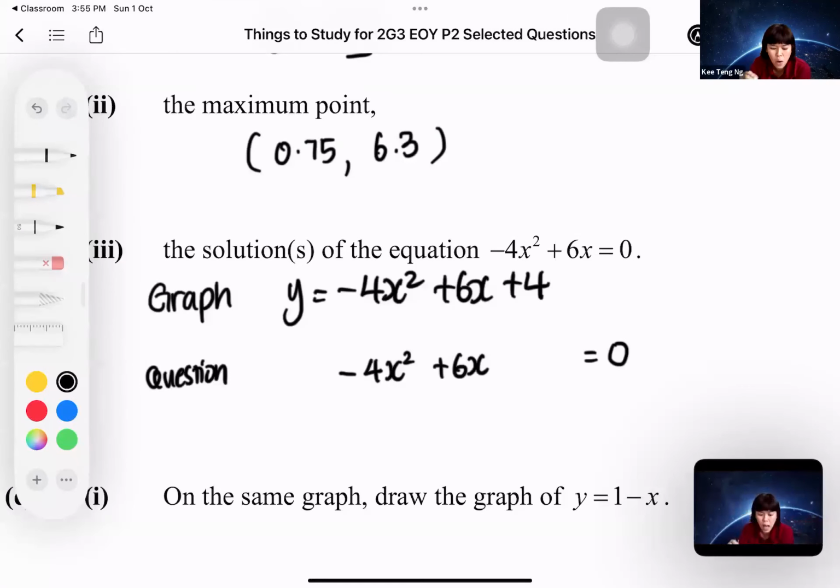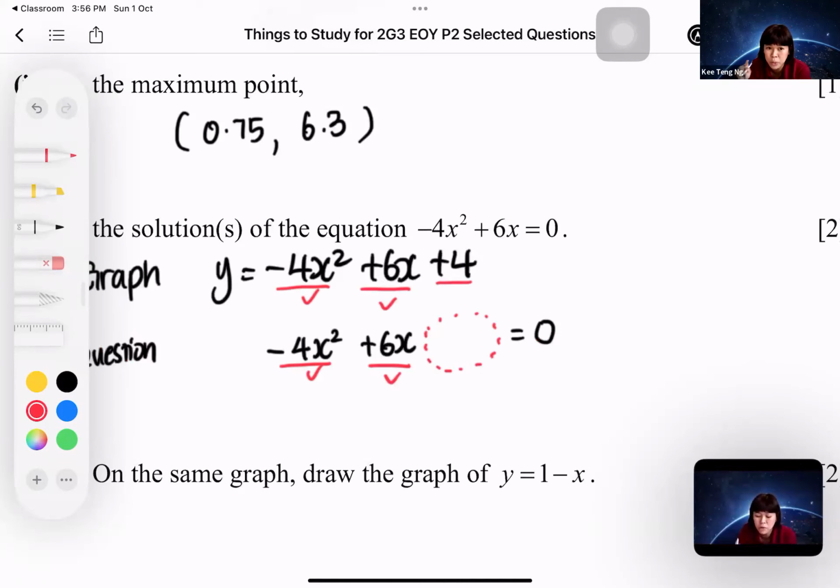I'm not going to redraw another new graph, right? So how am I going to make the question look like my graph? My graph has negative 4x squared, plus 6x also. What is missing?